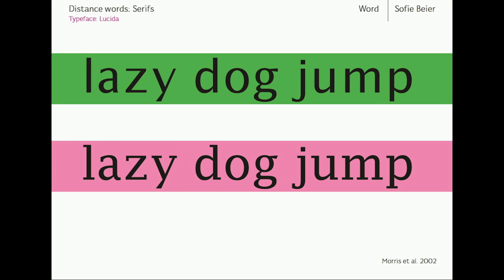And what they found here was that at distance reading words in small point sizes, serifs actually perform poorer than sans serifs. So if you remember the previous study, where serifs at distance were more legible when the letters were in isolation, in this case, when in a word, they are actually worse. So serifs, sometimes they work and sometimes they don't. So it would be interesting to check out.